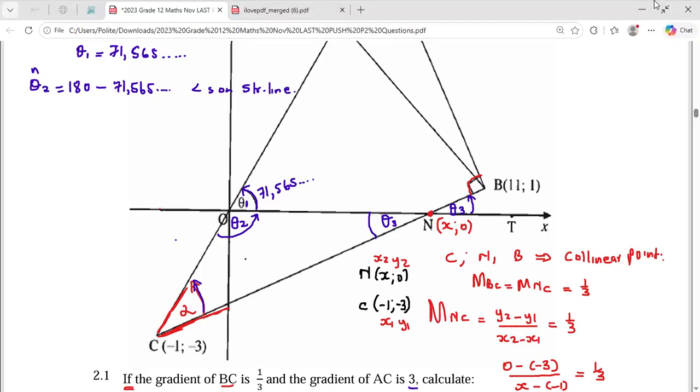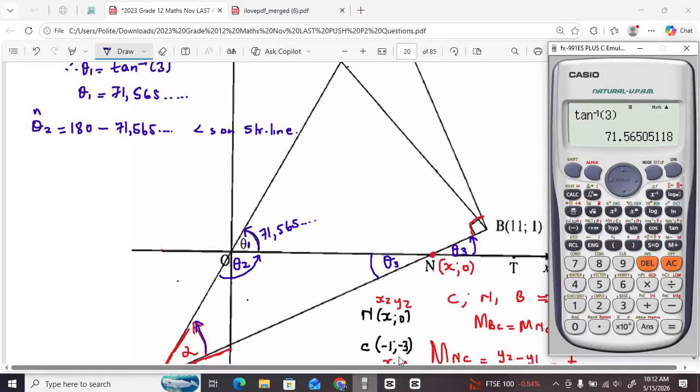Then I'll go back to my calculator. Since I have that on the calculator, I just have to say 180 minus answer. So we avoid rounding off. So if I say 180 minus answer, that gives us 108.43. If you round it off, it's just 43.